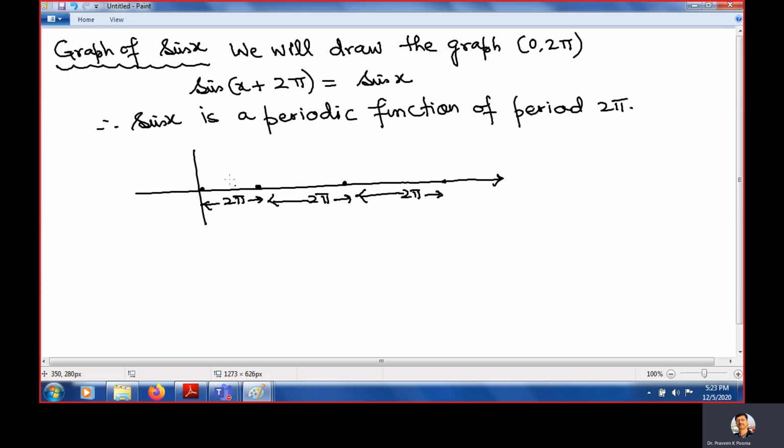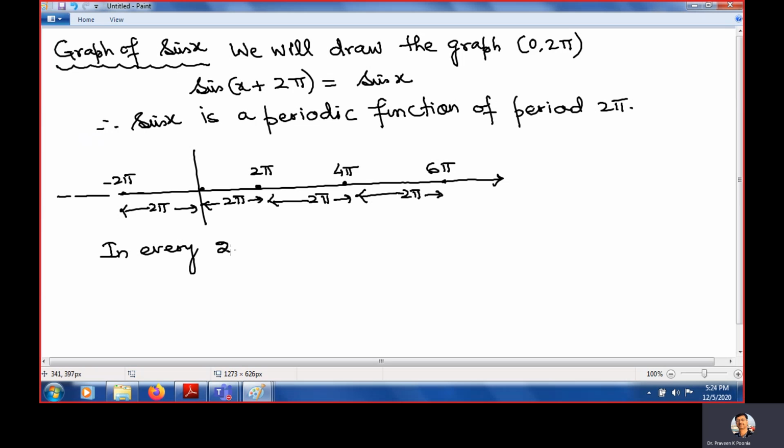So here is 2 pi, here is 4 pi, here is 6 pi, and on the negative side, here is minus 2 pi. Clear?